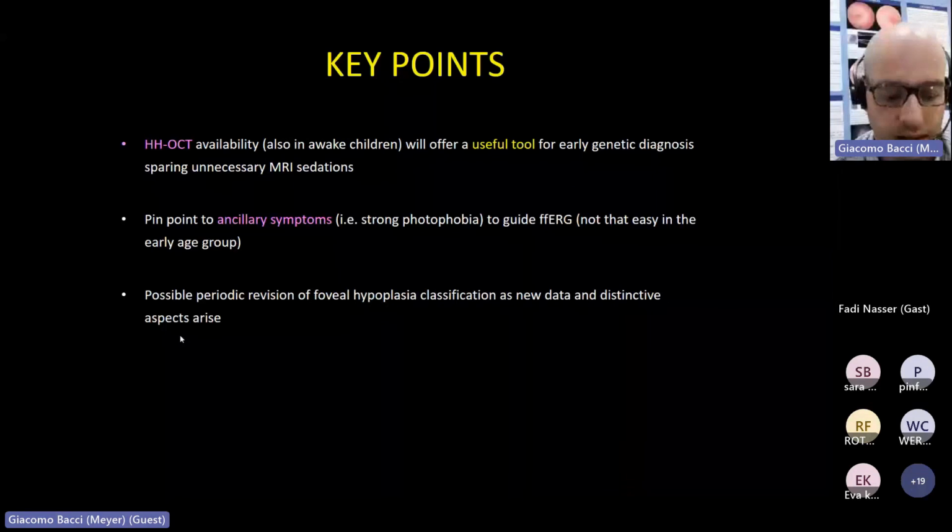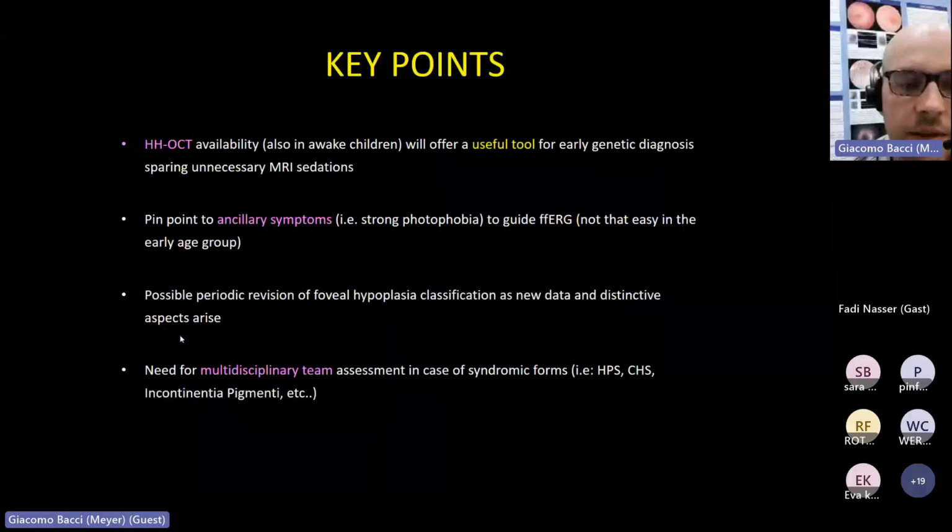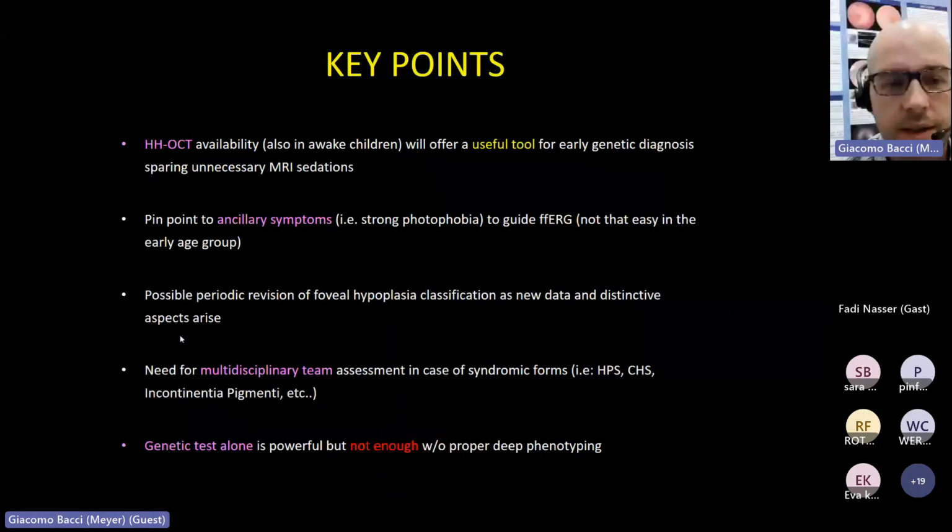And I hope to show you that a multidisciplinary team is necessary to make an assessment of foveal hypoplasia, especially in syndromic forms that are not as rare as we tell. And genetic testing alone, as usual, is a very powerful tool, but not enough without the phenotype.